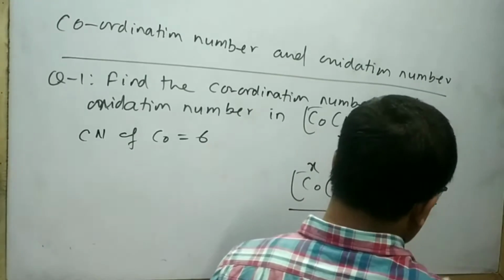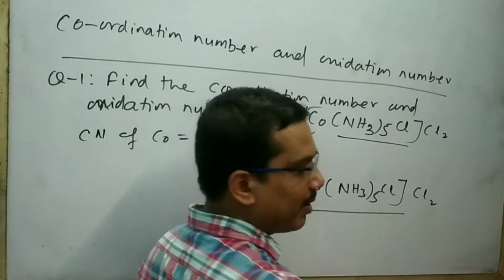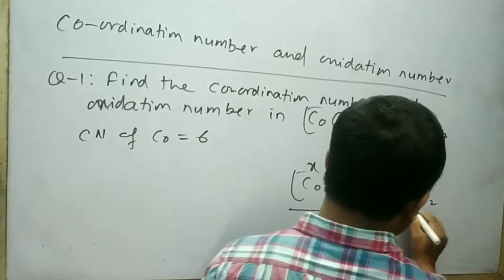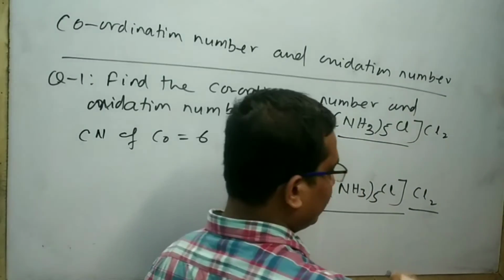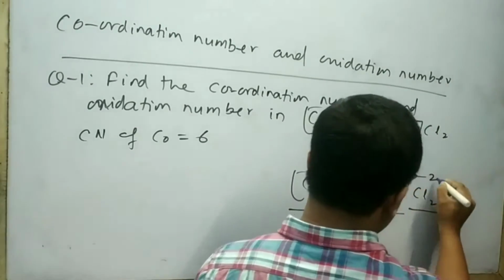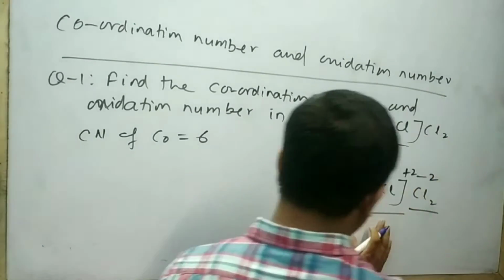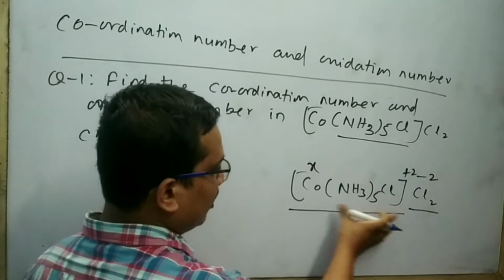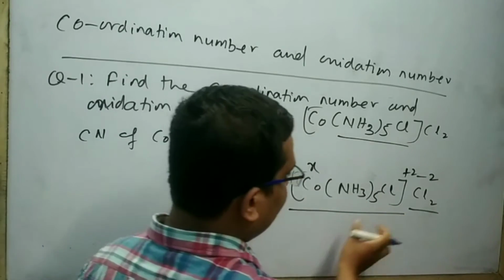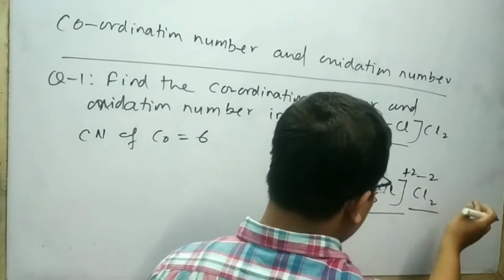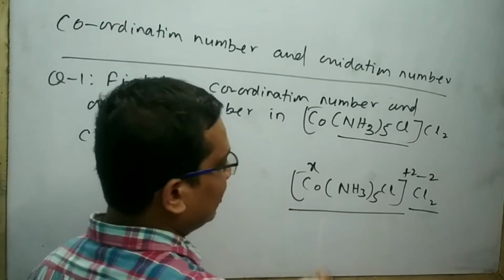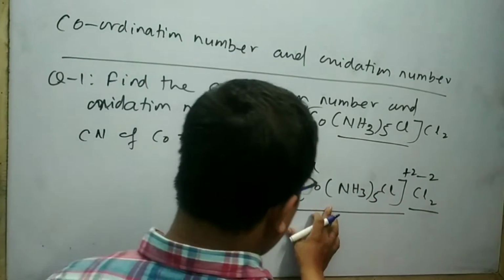Here chlorine is present in Cl minus form. So the oxidation number due to 2Cl minus is minus 2. So here I have to write plus 2. The plus 2 is for the coordination entity. Plus 2 plus minus 2 equals 0 because it is a neutral molecule.